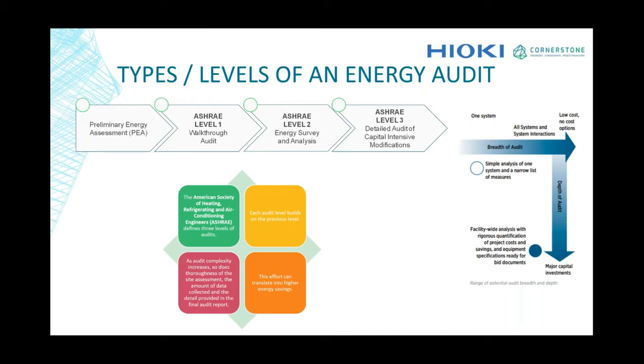So this level of auditing would also include, in some cases, a calibrated simulation model of the system. There are different software packages out there, like IES and eQuest, where we model the building, and we also take a longer period of measurements of the assets, so that we have a more clear picture of the energy savings.